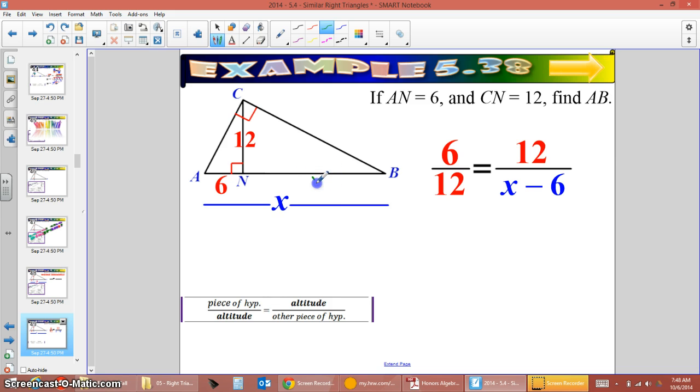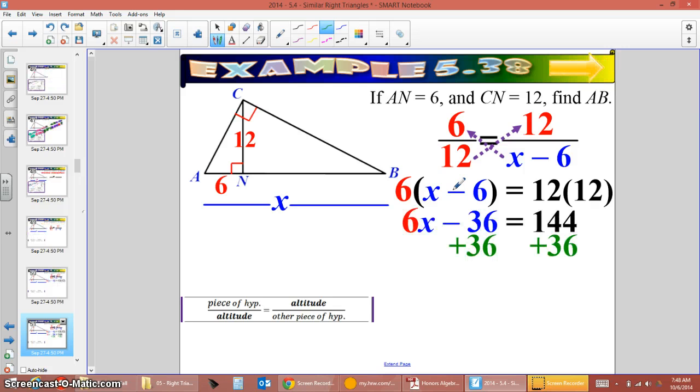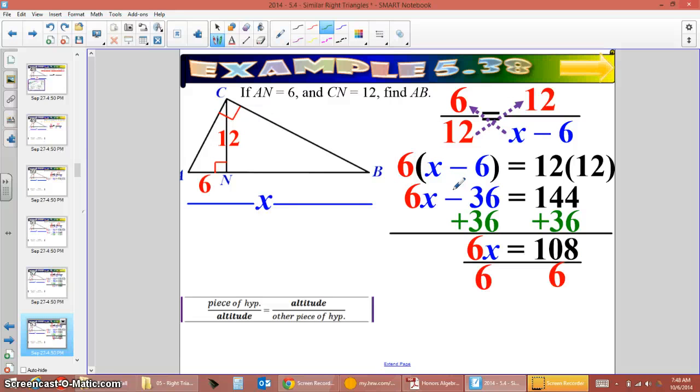I could have called this y, couldn't I have? And solved for y, and then my full hypotenuse would have been 6 plus y. It wouldn't have mattered. But right now we're using x minus 6. So at this point I reduce my fraction. Oh, I would reduce my fraction. It would be 1/2 if it were me. But if we distribute both sides, we add 36 over, we divide by 6.